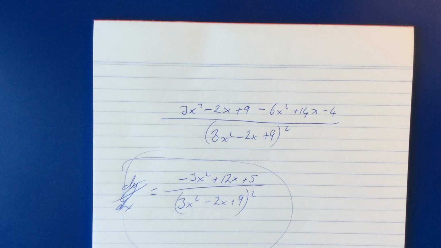Now, as I've said in my video on the product rule, you're going to find that sometimes other rules make their way into this. So sometimes you're going to have to do some work with the chain rule, for instance, in order to get to a point where you can use the quotient rule.